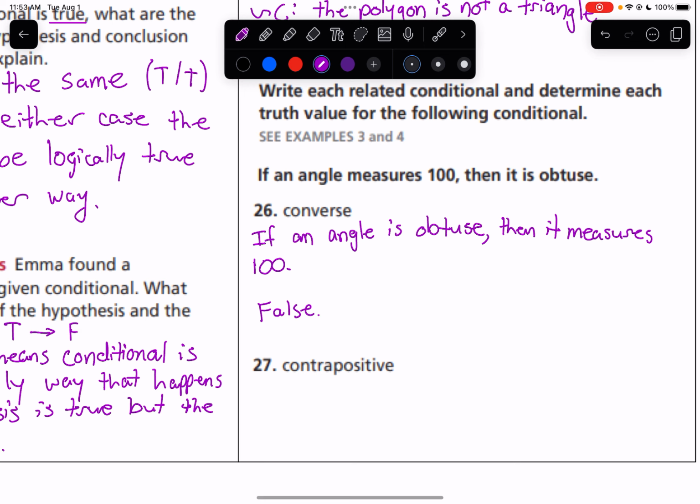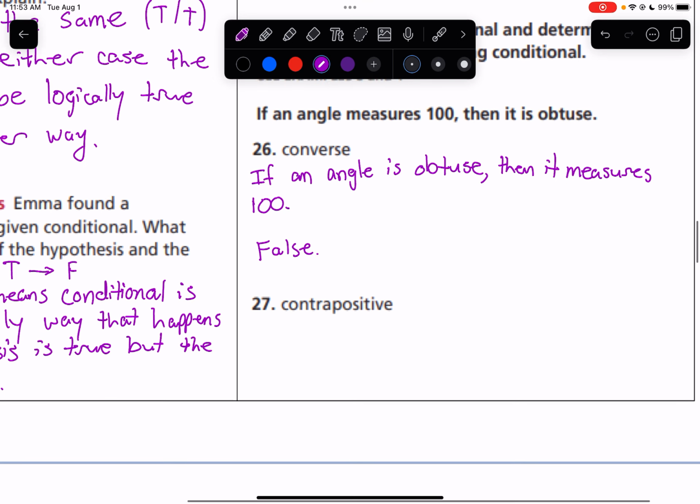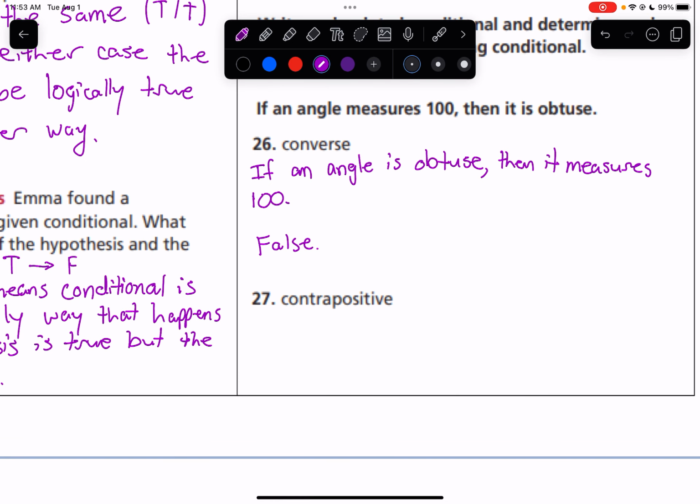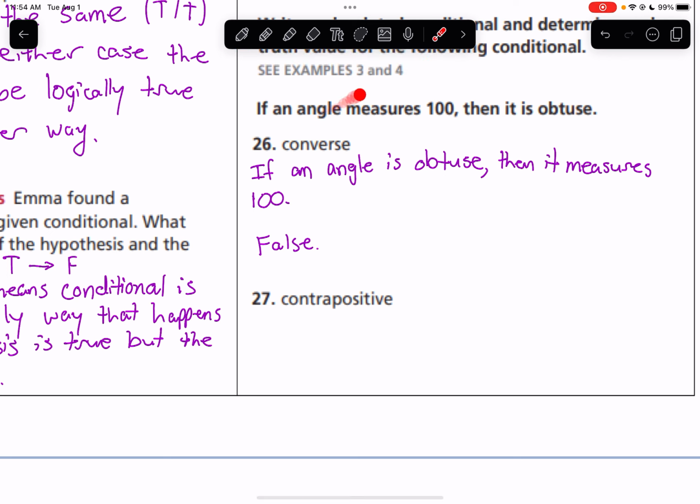Then we can write the contrapositive of the original statement, which means we are switching the hypothesis and the conclusion, and we are negating both of them. So we'll start with the conclusion but negated. So we can say if an angle is not obtuse, then we'll do the negation of the hypothesis.